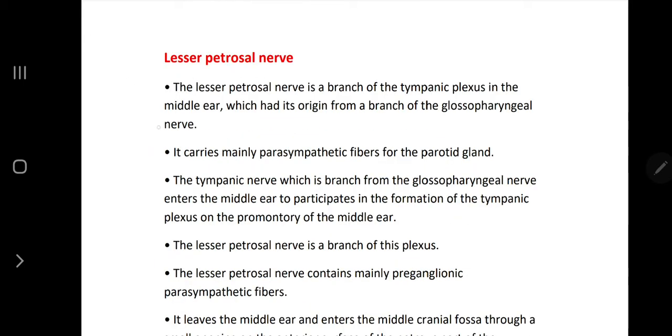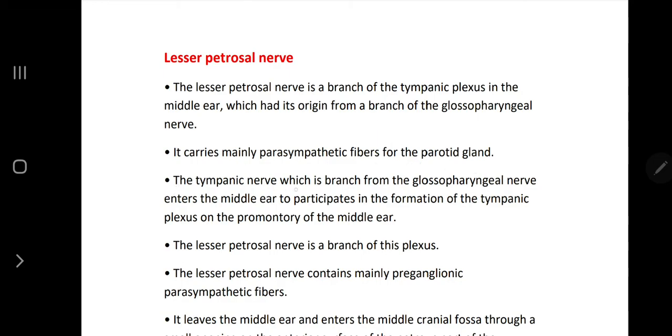Lesser petrosal nerve. The lesser petrosal nerve is a branch of the tympanic plexus in the middle ear, which has its origin from a branch of the glossopharyngeal nerve. It carries mainly parasympathetic fibers to the parotid gland.